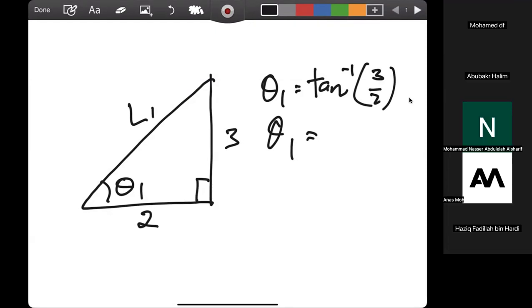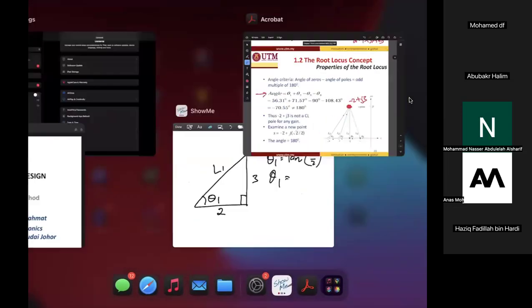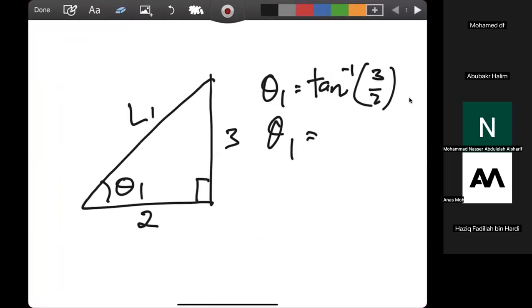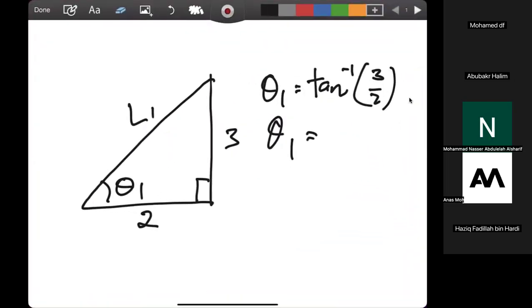Arctangent 3/2. Are you sure? It should be 56.31 degrees.